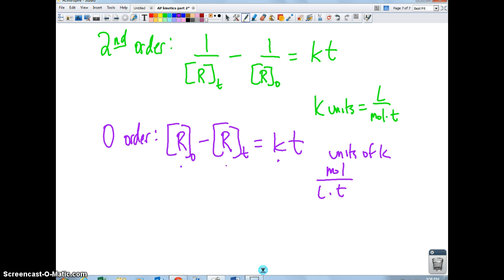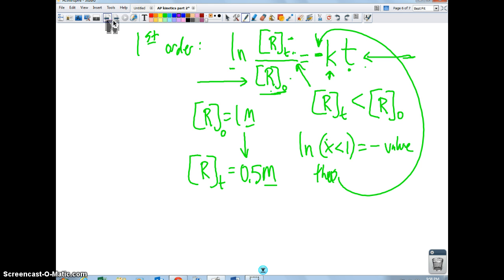So now, all of this means what? That this rate loss can be plotted on a graph. When I'm looking at a graph, I'm trying to find a straight line. Let's rewrite all these again.